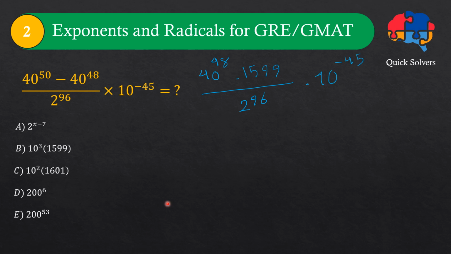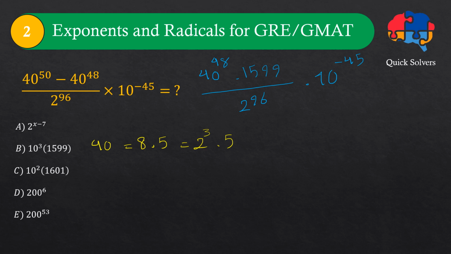Now, I want to somehow get rid of this. For that, I need to write this 40 as a multiplication of 2 to something else. We know 40 equals 8 times 5, and we can rewrite 8 as 2 to the power of 3, times 5.